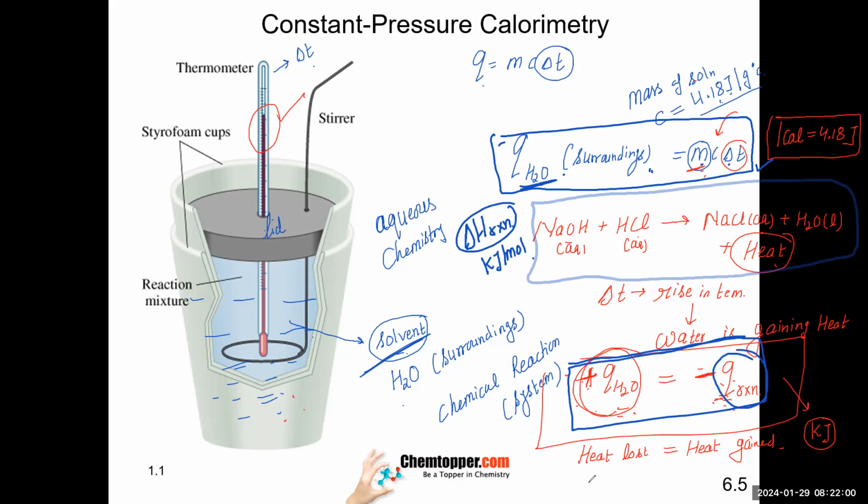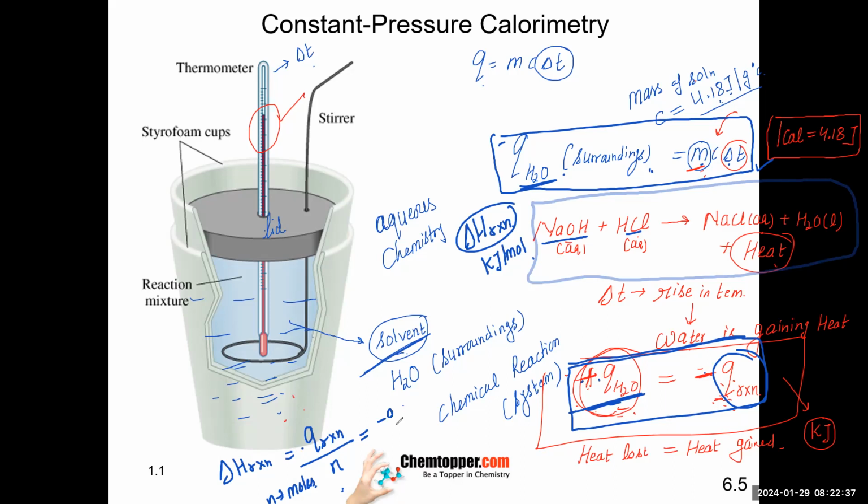It depends what they are asking. The third equation I'm introducing here is delta H of the reaction, which is Q of the reaction over n. n is moles, the moles which are reacting, like how many moles of NaOH and HCl. But this Q of the reaction you cannot calculate. What you can calculate is Q of the water. So you're going to say minus, because they are of different sign. If this is plus, then this has to be minus.